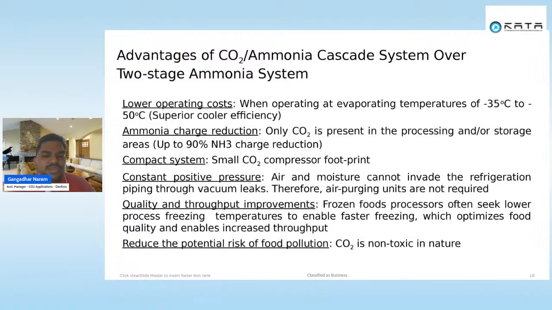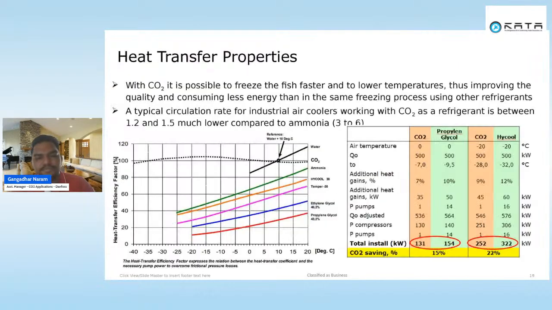And reduced potential risk of food contamination. CO2 is non-toxic in nature, so you can eliminate the potential risk of food contamination. You can see the heat transfer properties, as we discussed, with respect to CO2 and ammonia: the overall heat transfer coefficients with respect to the evaporation temperature, going from 20 degrees centigrade to minus 40 degrees centigrade.